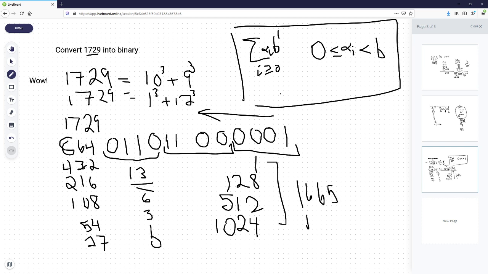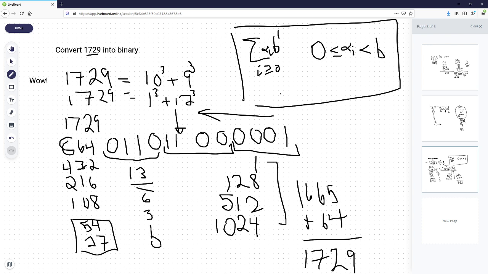But if we add on another 64, then we get ourselves up to the correct answer, 1729. Good. So yeah, this bit was wrong because I thought I could divide 54 by 2. I think I just looked at it and thought 52 to myself because I was so used to dividing by 52 for decks of cards and stuff. Oh well. Okay, yep, so there's a little fix there.